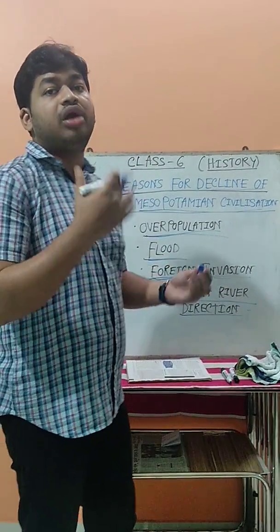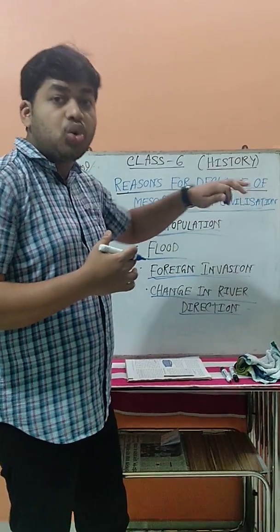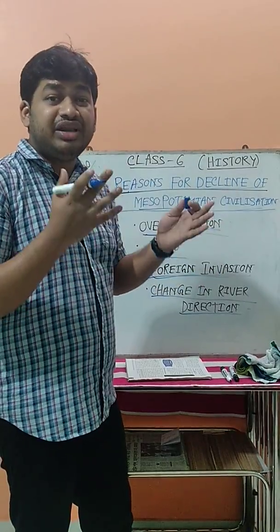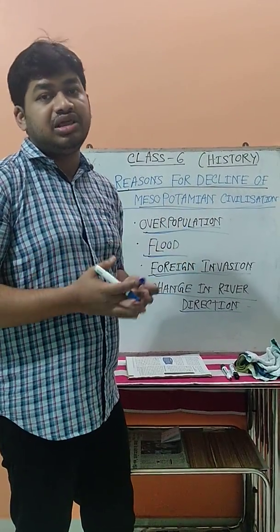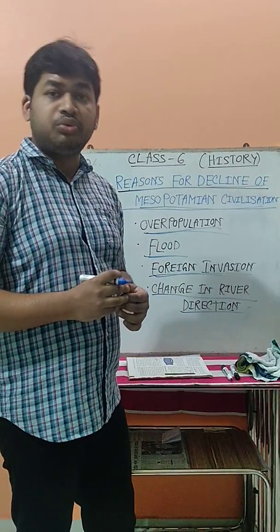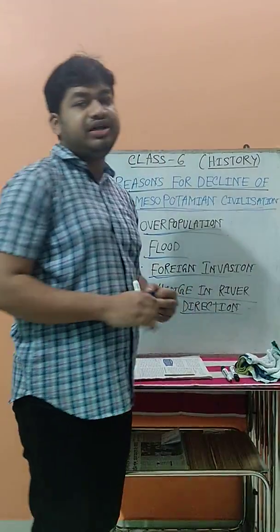And the third is foreign invasion. Foreign invasion means foreign attacks. Many foreigners wanted to attack and conquer this civilization. What is the reason? Because this civilization was very prosperous and wealthy economically. So many invaders or foreigners wanted to conquer this region. And the last is the change in river direction.